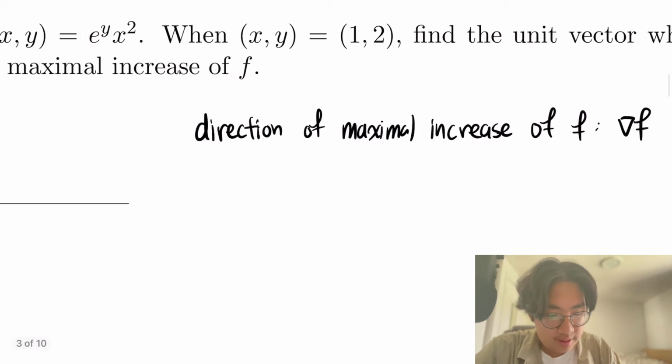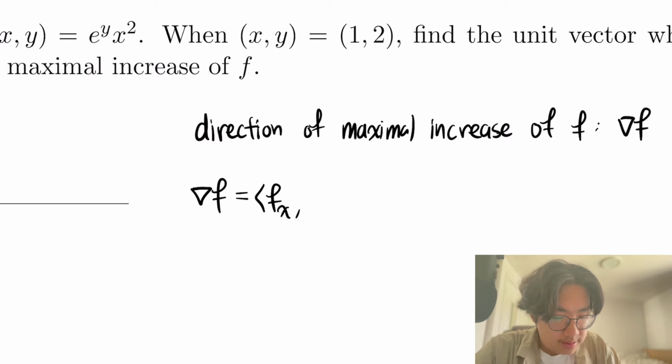So let's compute that. We know that del f is just equal to f sub x, comma f sub y. Now we can compute this.